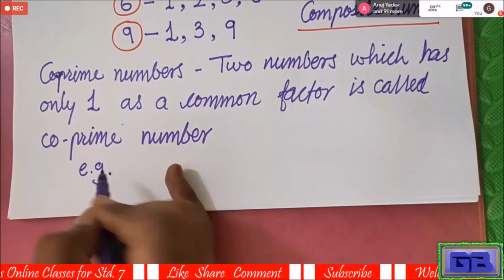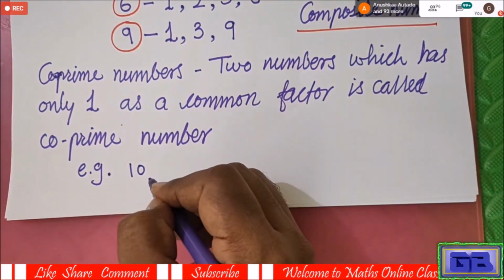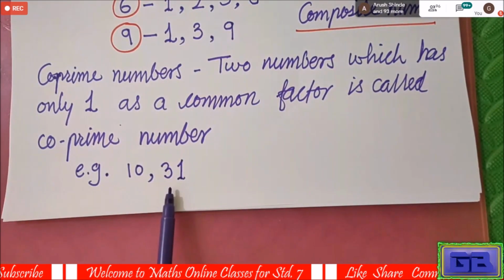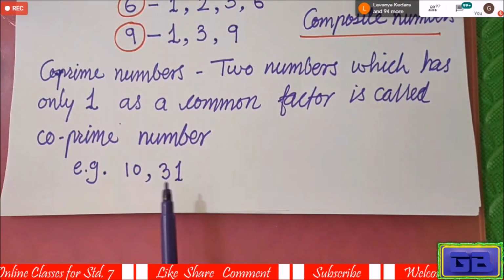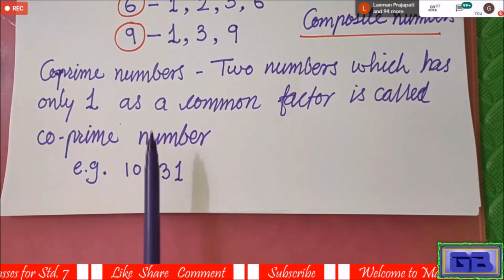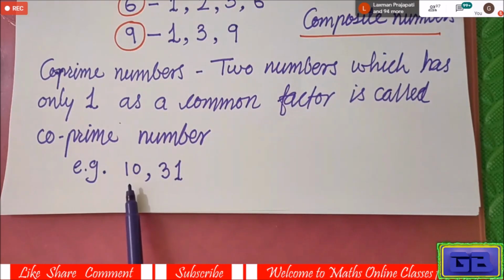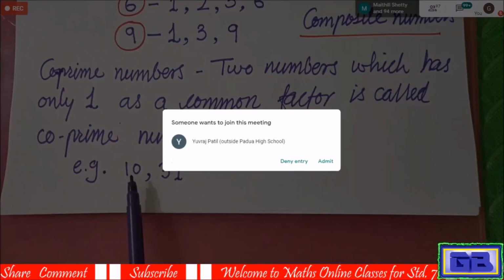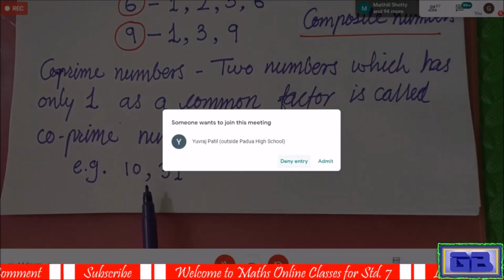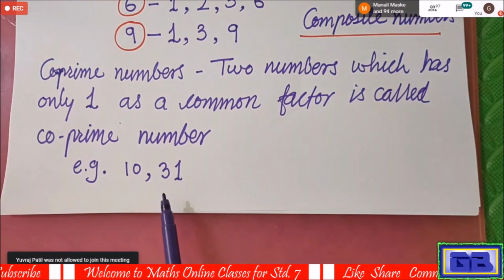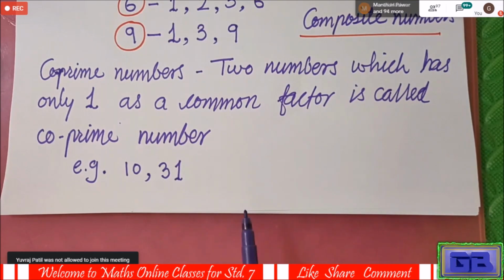Example: 10, 31. I wanted to tell you about co-prime numbers. 10. What are the factors of 10? 1, 2, 5 and 10.